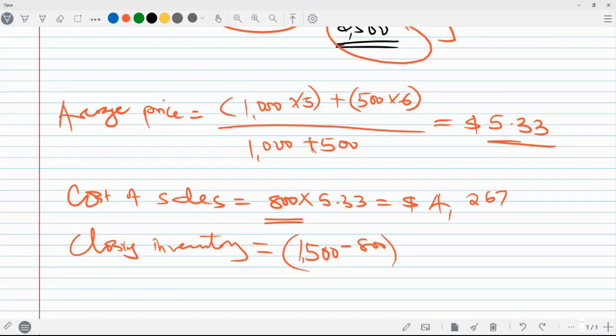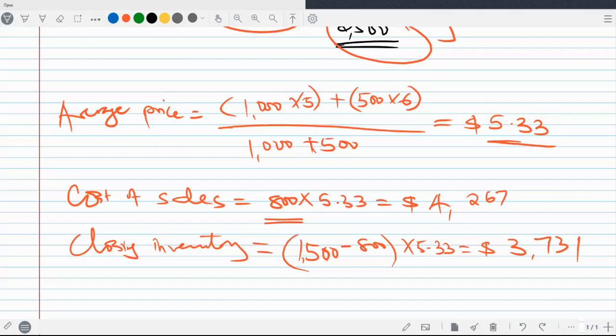The value per item is 5.33, to give us how much? $3,731. Therefore, that is the value of the closing inventory.